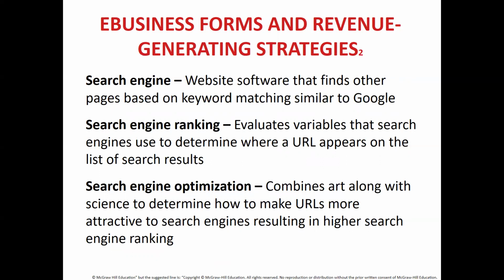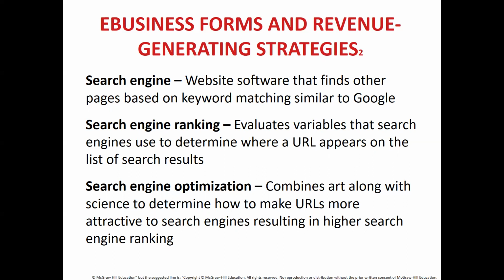There are so many. Now, search engine ranking evaluates variables that search engines use to determine where a URL appears on the list of search results. This is how search engine rankings work.